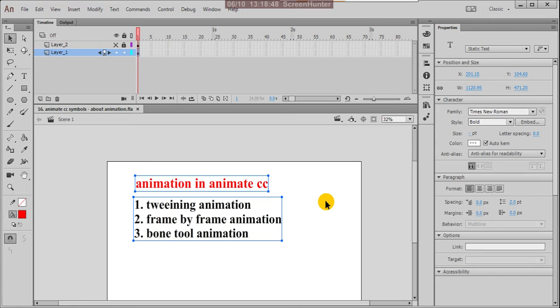If you are creating everything realistically, that is not animation. Are you understanding this? Animation means more than that.